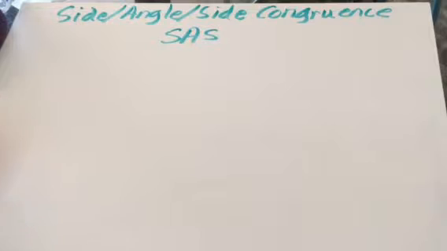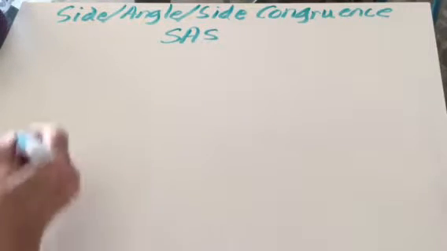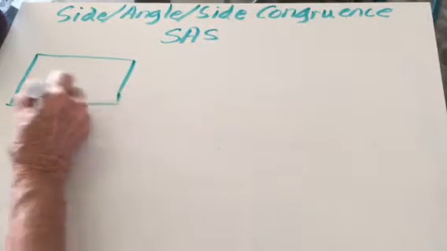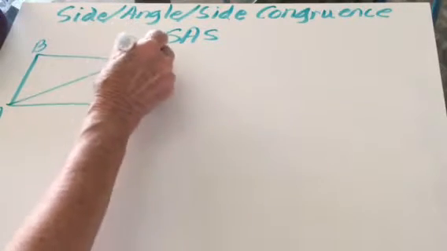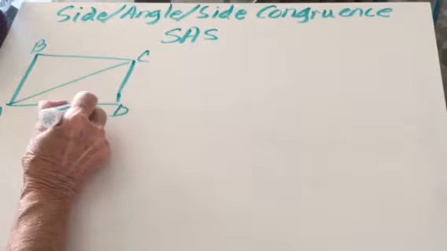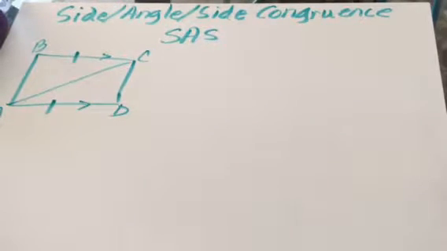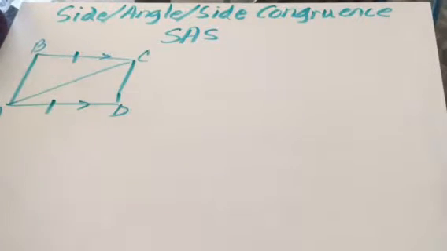So suppose we have this shape, and I'm going to label it A, B, C, D. I want to tell you that those two lines are parallel and these two lines are congruent. And that's all I'm going to say. They're asking us to write a 2-column proof.